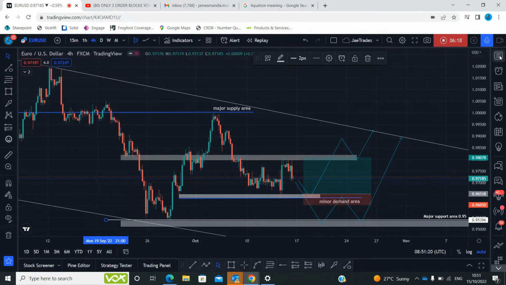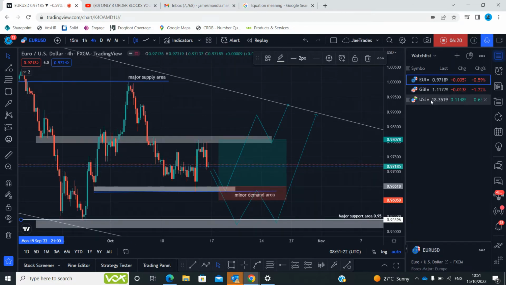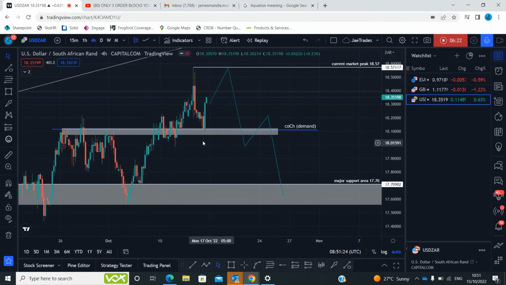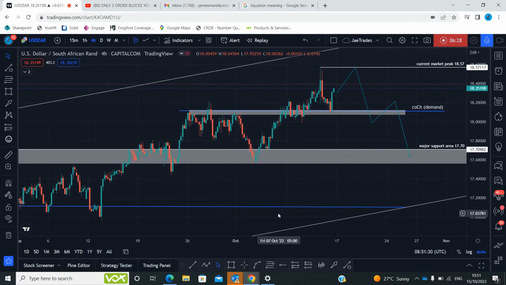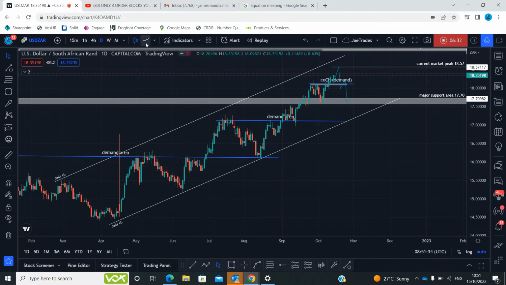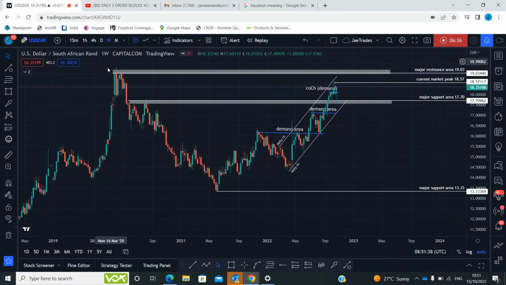So let's delve in deep. Let's jump into our next pair that we were looking at, which is USD ZAR, right? Great pair, making a lot of moves that we are noting. But one thing that stood out is that on the weekly time frame, you could see here some of the spikes that the market did make somewhere in 2020, when we were in the midst of COVID-19.